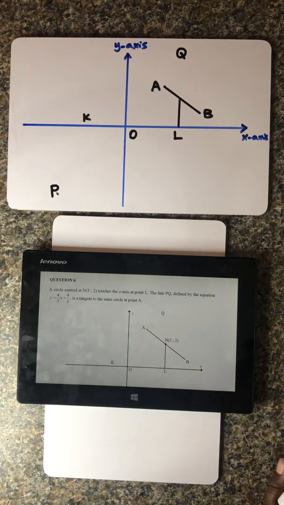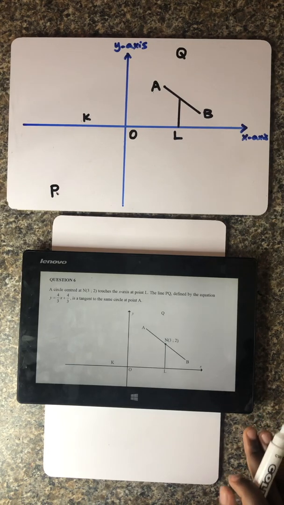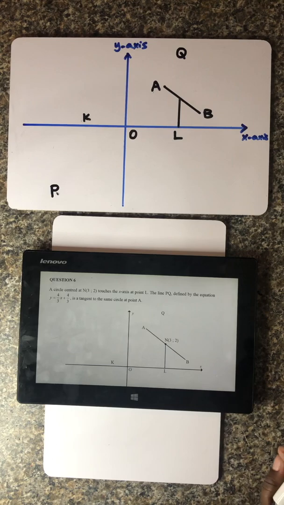So ladies and gentlemen, these are the questions that we'll be dealing with. You need to fully understand these questions before you start with your exam paper for mathematics paper 2.